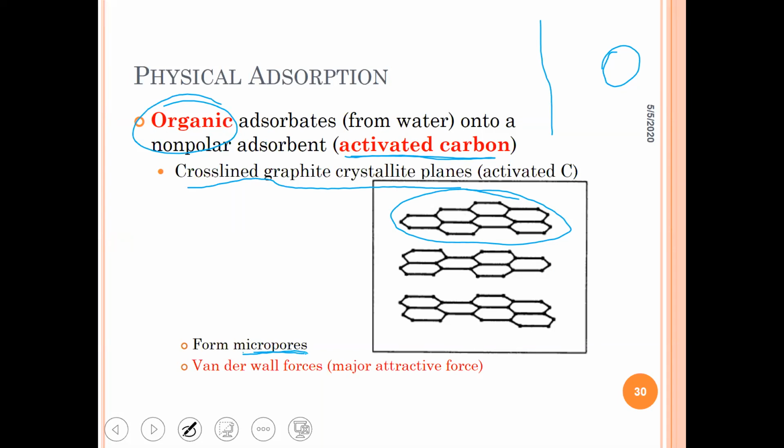In this case, the major responsible force is van der Waals force, which will cause accumulation of the organic neutral molecule onto the activated carbon, which is also neutral and non-polar. The important thing here is that because it is neutral, it is not soluble in water. So if it's not soluble in water, it will have affinity for a solid surface, which is also not polar.